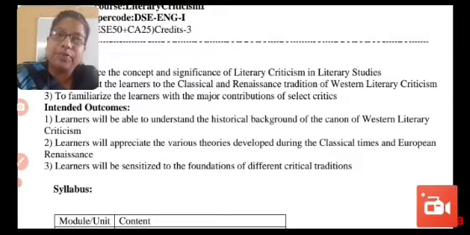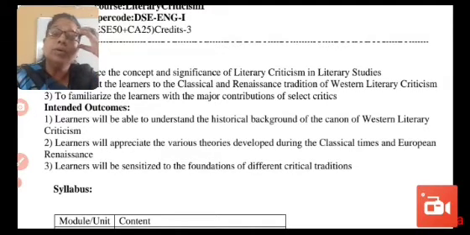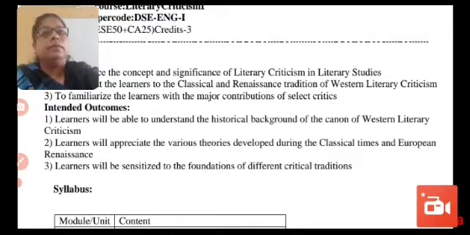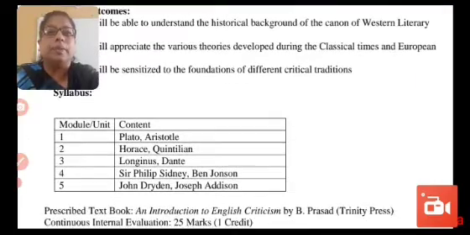So these are the different critical traditions led by a major figure like Plato or Aristotle, that we will get to know during the study of this paper.